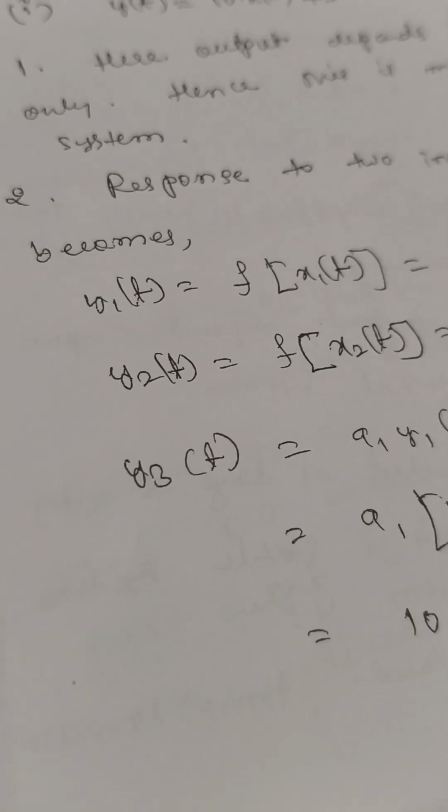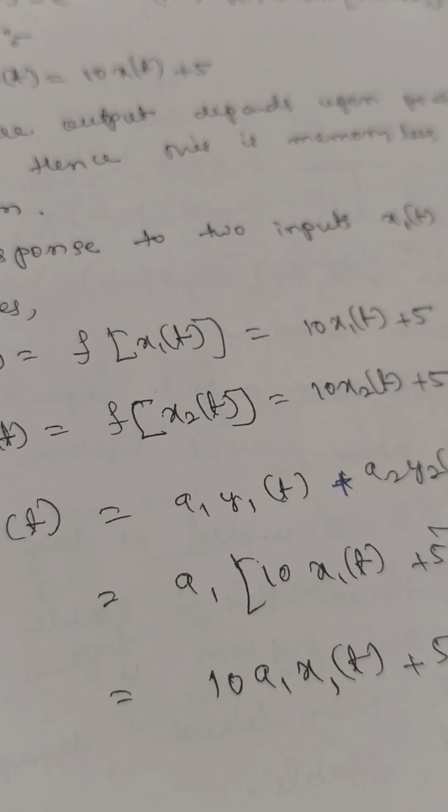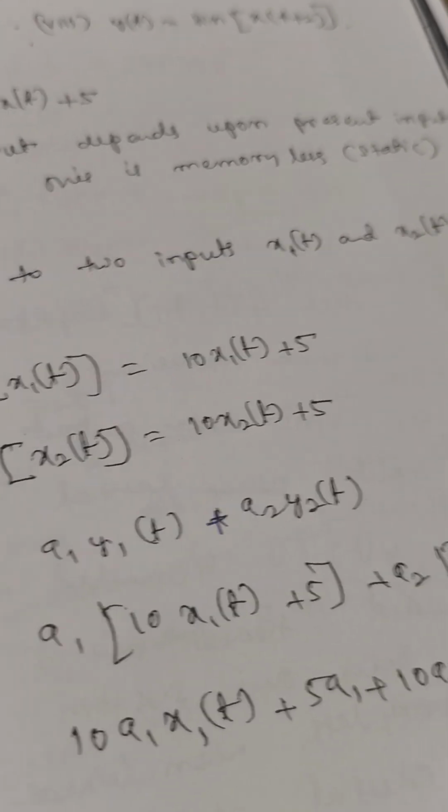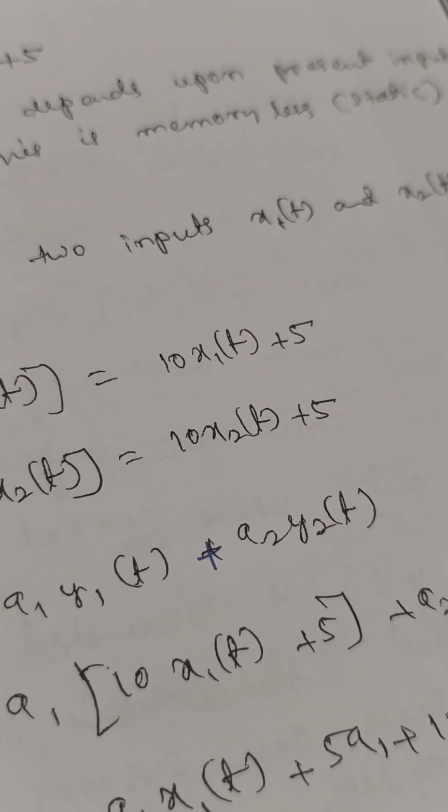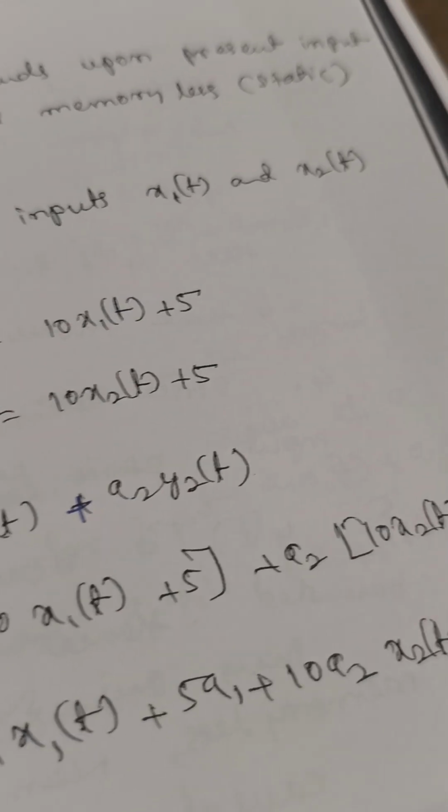First we'll find y3(t), that is equal to a1 y1 plus a2 y2. In place of y1 and y2 we put these values: y1(t) equals 10x1(t) plus 5, and y2(t) equals 10x2(t) plus 5.